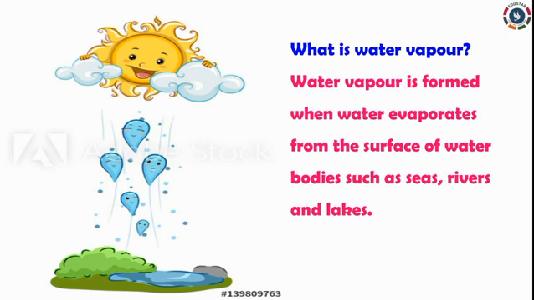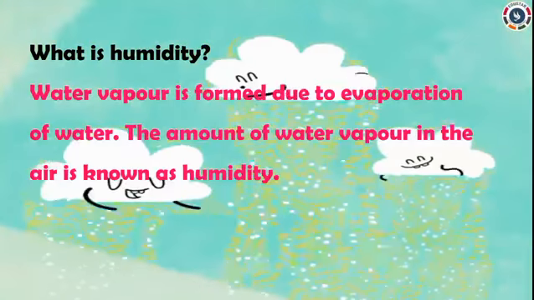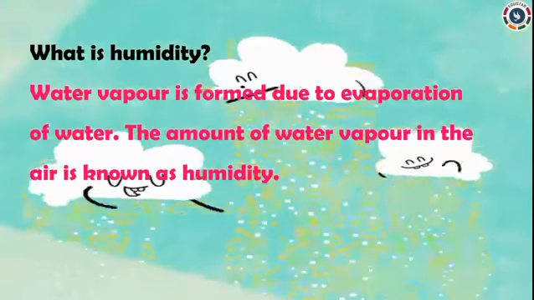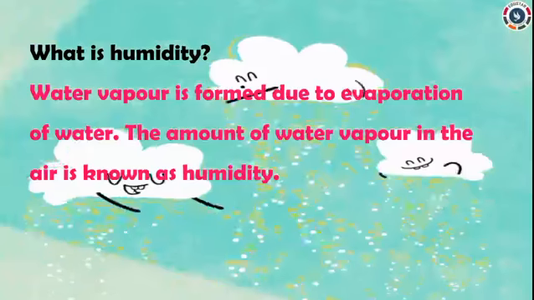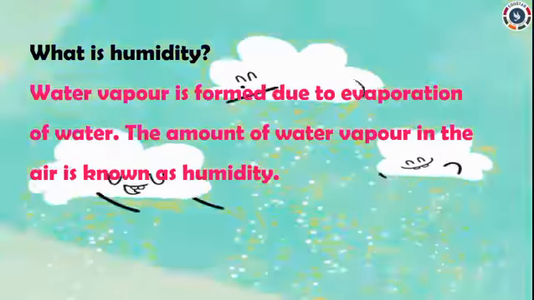Water vapor is formed when water evaporates from the surface of water bodies such as seas, rivers, and lakes. What is humidity? The amount of water vapor in the air is known as humidity.